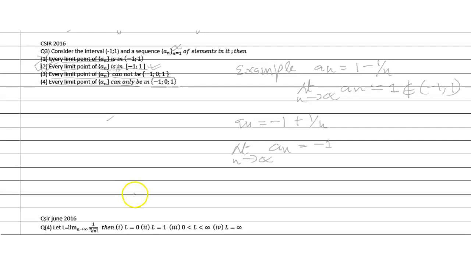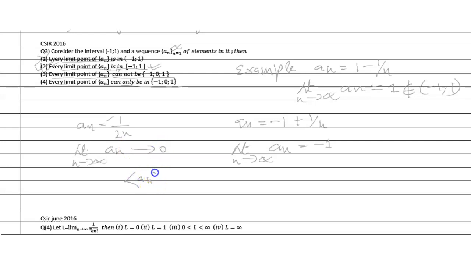Another example: if we choose a_n equals 1 by 2n, so limit n tends to infinity, a_n tends to 0, so it is a convergent subsequence.